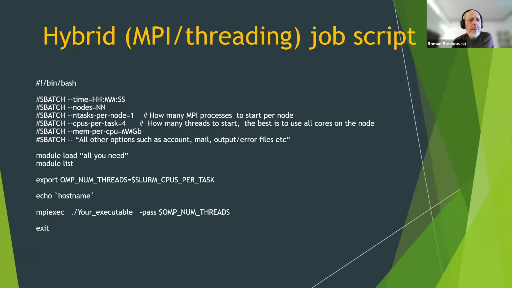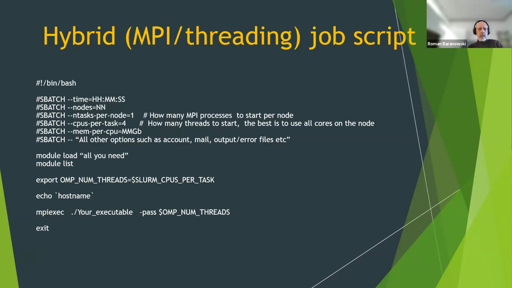I can ask for a few nodes. On every node, I will ask for one MPI process, and the rest of the processes will be running as threads. Then CPUs per task is how many threads I will start per MPI process on a given node. Again, it would be very useful if you can utilize the full node.